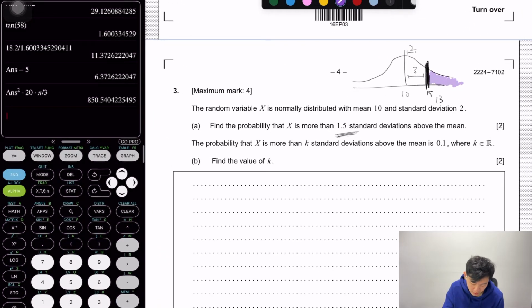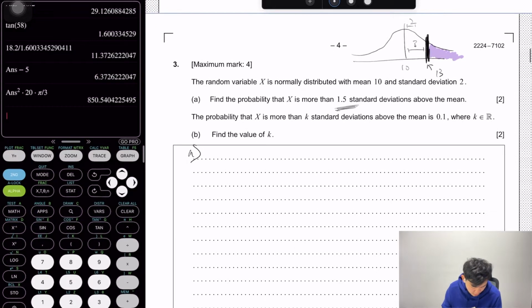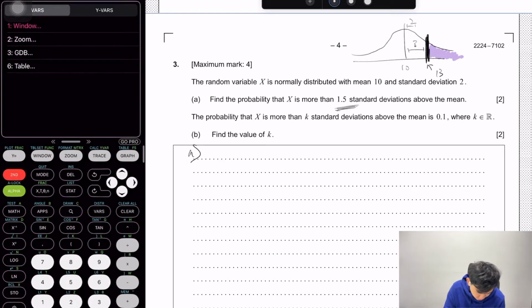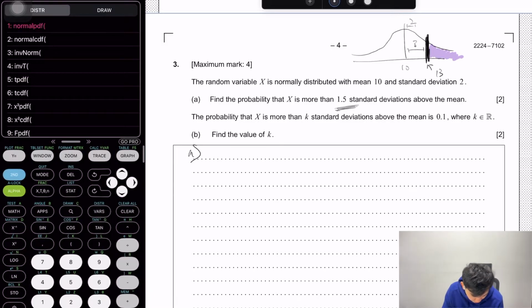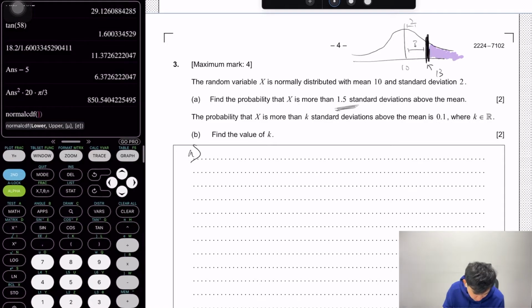Okay. So now, what is the first thing we can do? We use the distribution, and then we have the normal CDF instead of PDF, because CDF means cumulative, right? Accumulation. Okay. So let's just press enter.